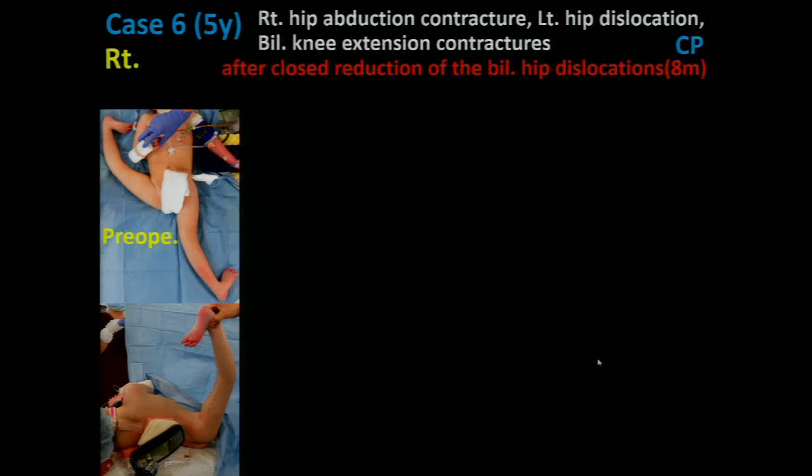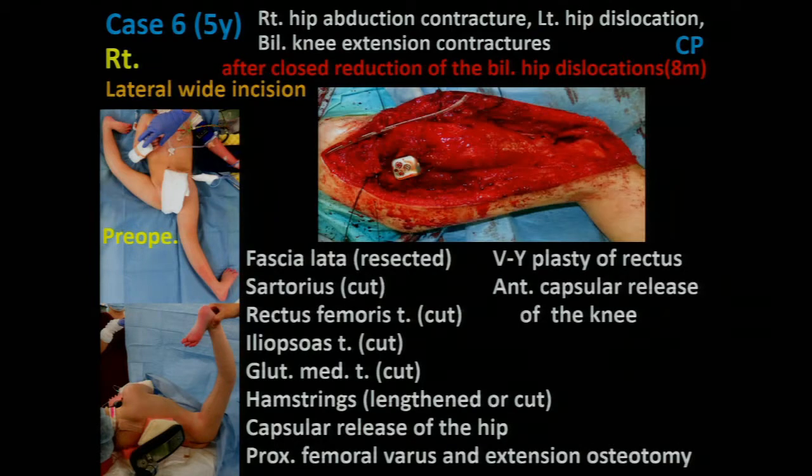Anyway, under wide incision, muscular release was performed. Fascia lata resected, sartorius, rectus, iliopsoas cut, and these muscles were lengthened and cut, and femoral varus and extension osteotomy was performed proximally. For this patient, VY-plasty and anterior capsular release were performed simultaneously.